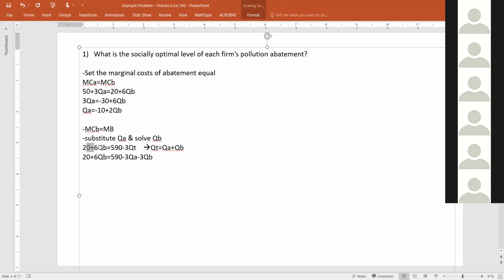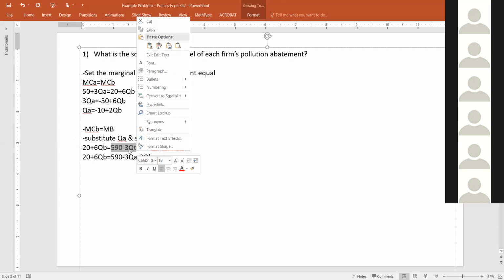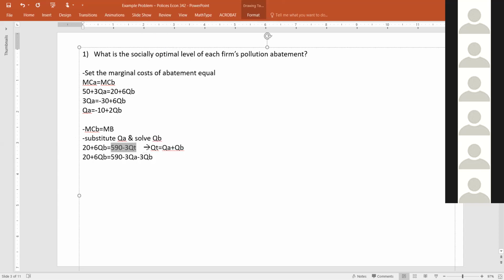So this part of the equation right here is just the marginal cost of abatement for firm B. This part right here is just the marginal benefit for all of society. Remember, QT is total quantity abated, which is just the quantity that firm A abates and the quantity that firm B abates. So all we have here is the marginal cost for firm B set equal to the marginal benefit.